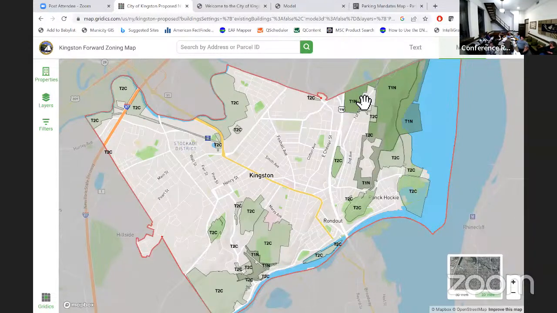To get every single property in the city of Kingston correct would be unrealistic. I get it. I just see a big section of T1, and I don't know if that's one property or 30 properties within that section.